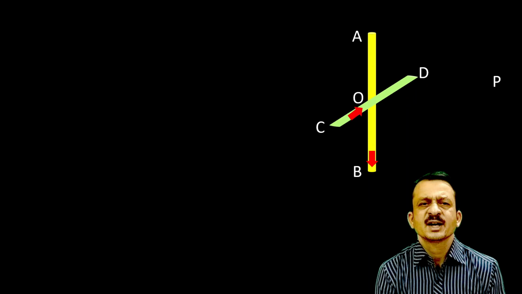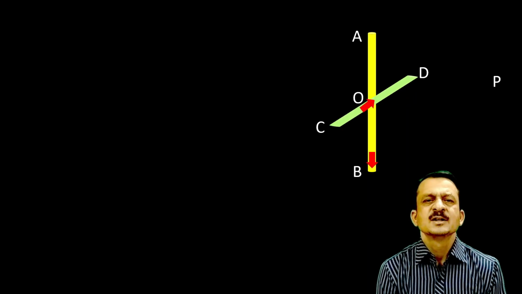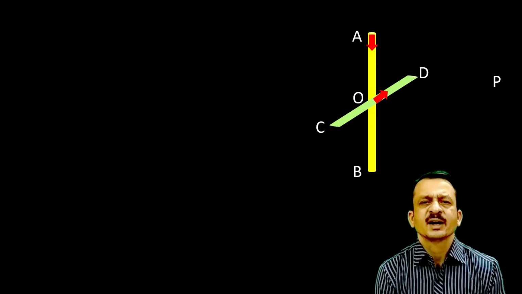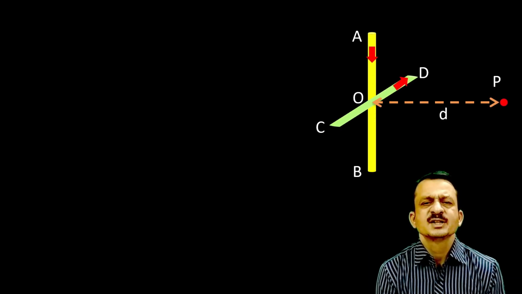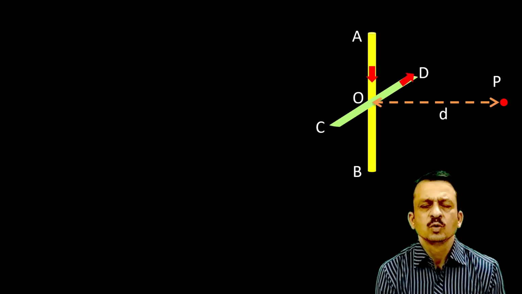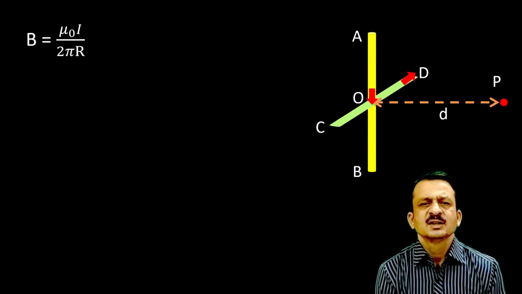There is some point P which is perpendicular to both the conductors. Now at that point we have to calculate the magnetic field. Here d is the distance from the center of intersection of the two conductors. Now we have to calculate the expression for the case of a conductor.